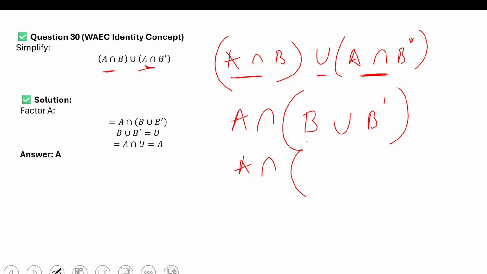The two of them combined give me the universal set. So A intersect universal set gives me A, because I cannot go beyond A for intersection. Everything in A is inside the universal set. So A intersect universal set is A itself. This is a very logical and simple concept that we have introduced in this last question.